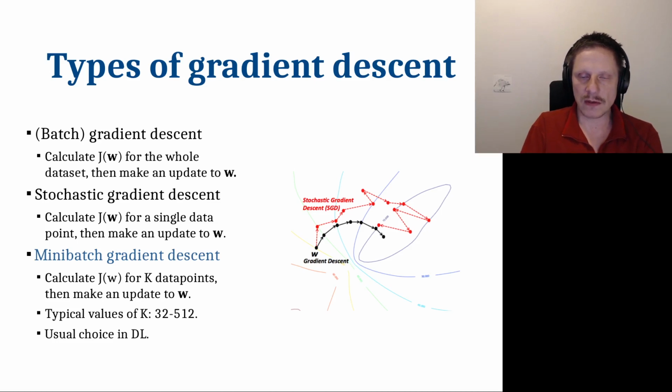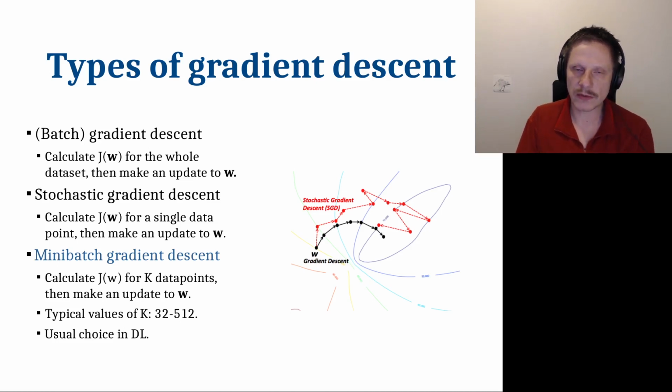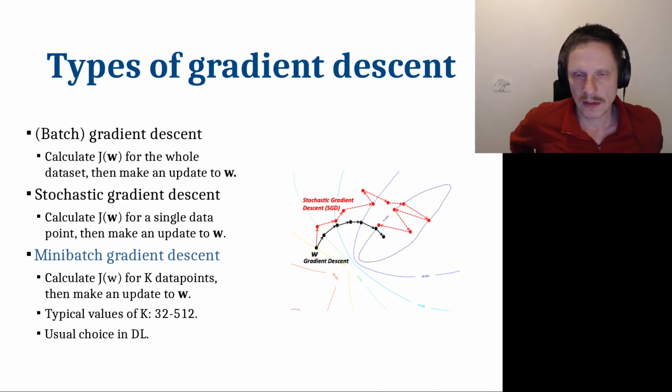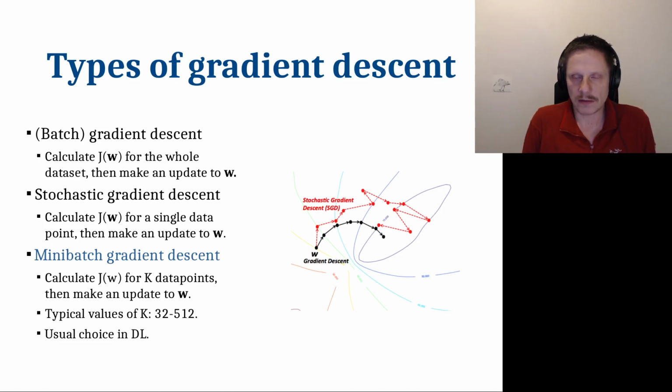The black arrows and points correspond to the updates, which give this smooth trajectory for gradient descent, and the red arrows and points correspond to the more erratic trajectory that we have with stochastic gradient descent.